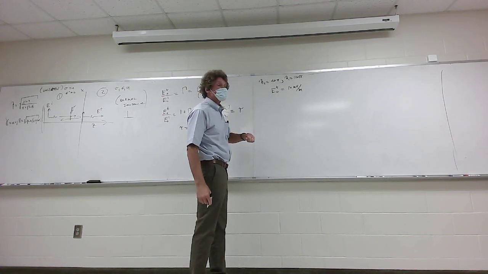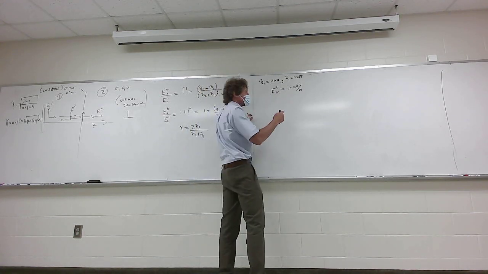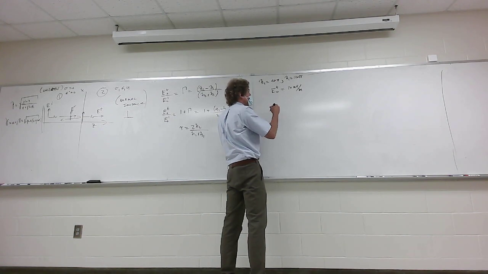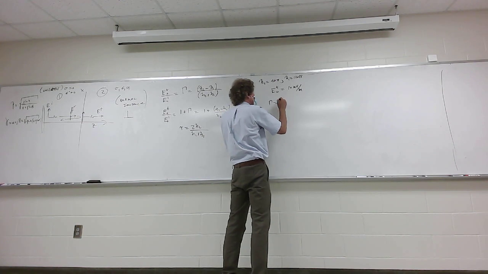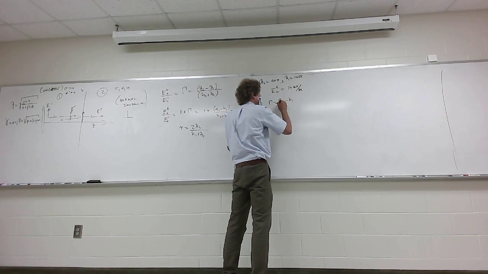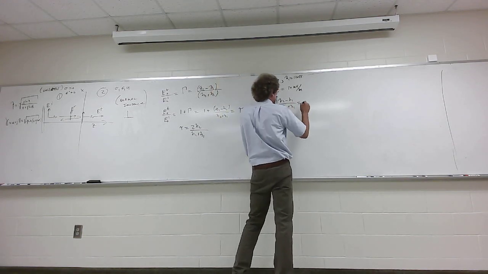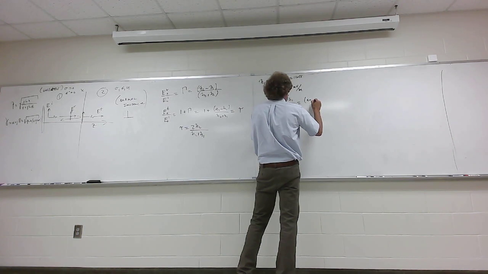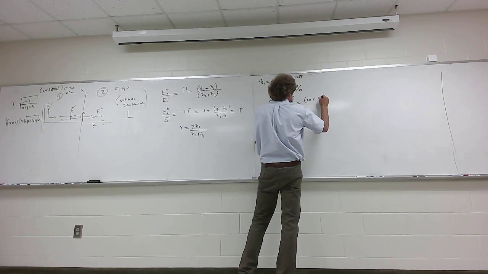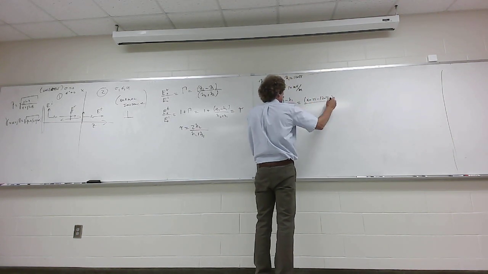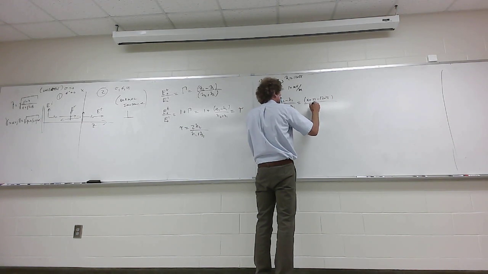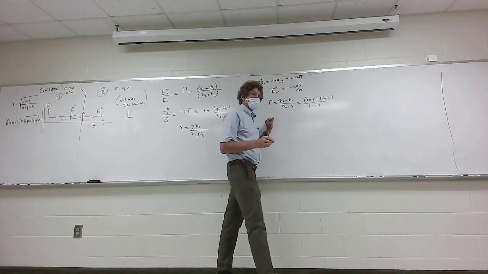Take a look at this. That's the transmitted field. Now, the next thing logically you do is get the reflection coefficient, which would be eta 2 minus eta 1 over eta 2 plus eta 1. So eta 2 minus eta 1, 40 pi minus 120 pi, over the sum of those two, which is 160 pi, right?